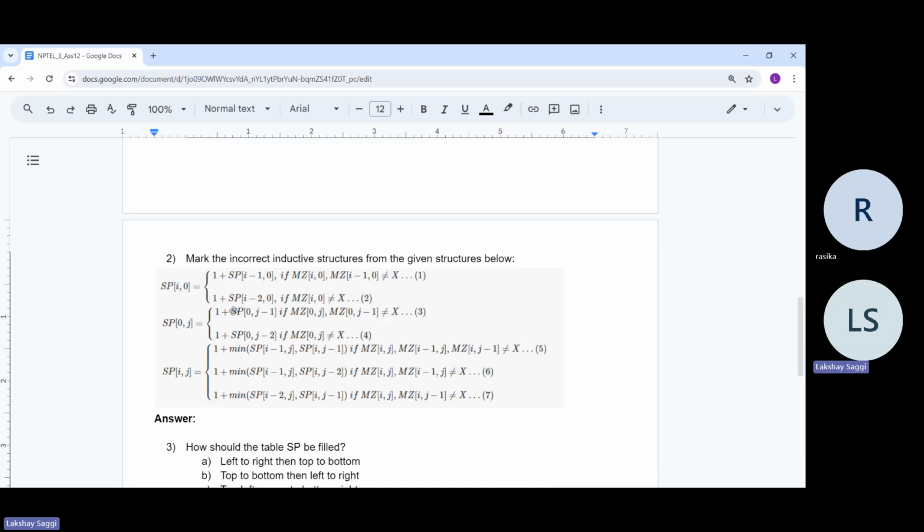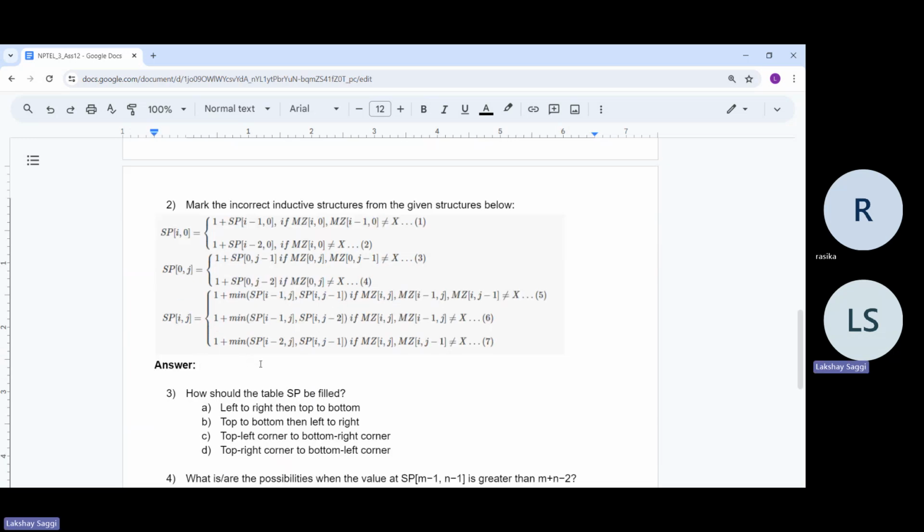Okay, so maybe I should just write down all the inductive structures properly.